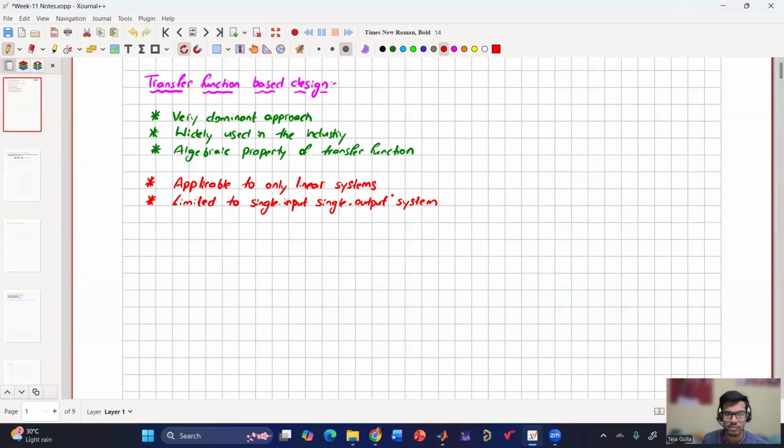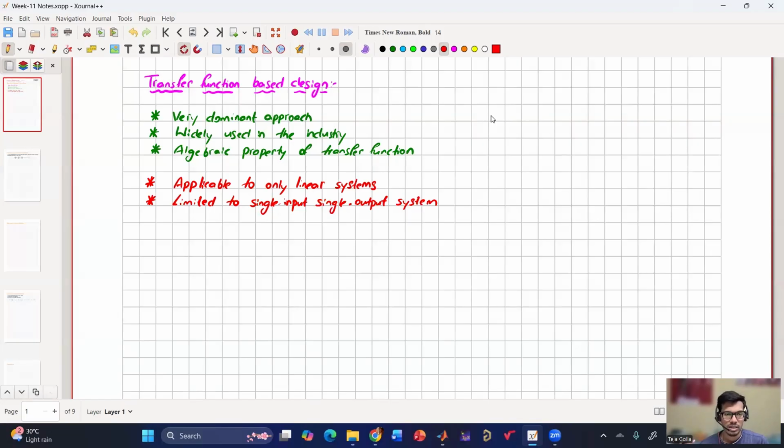If a system has multiple inputs or multiple outputs, then you can't define a single transfer function. Although you can have multiple transfer functions from each input to each output, there are so many permutations and combinations. The number of transfer functions becomes large, and it becomes very complicated and difficult to understand what is happening and how to design a controller.